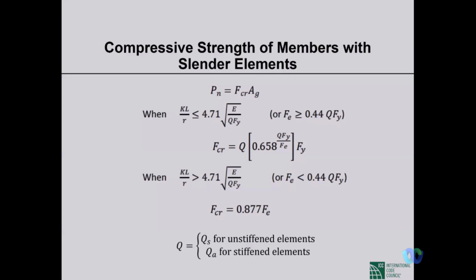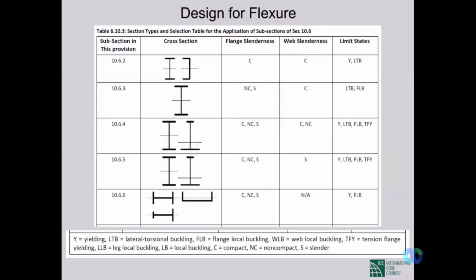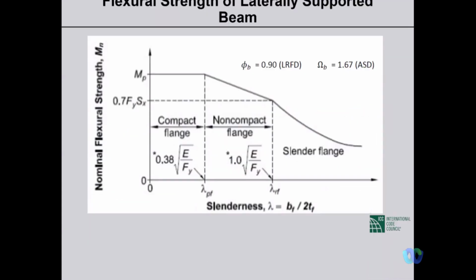So there are other formulas for other types of sections. The concept is the same, just the expressions are different. That's why I didn't mention them here, but please check them in the code. You'll find different expressions for different types of sections.